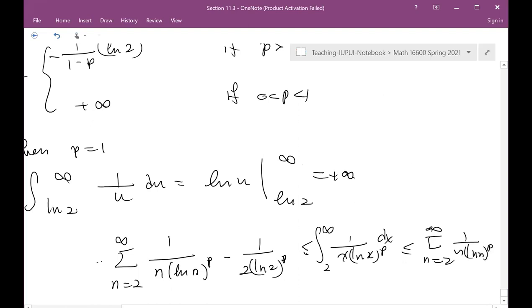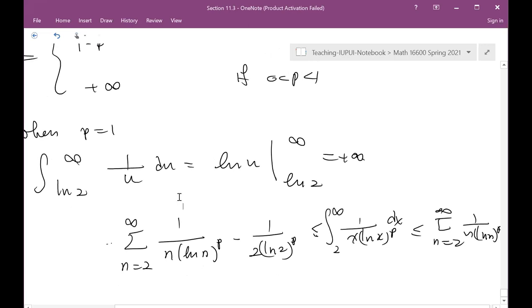So you can tell when it's convergent and when it's divergent.